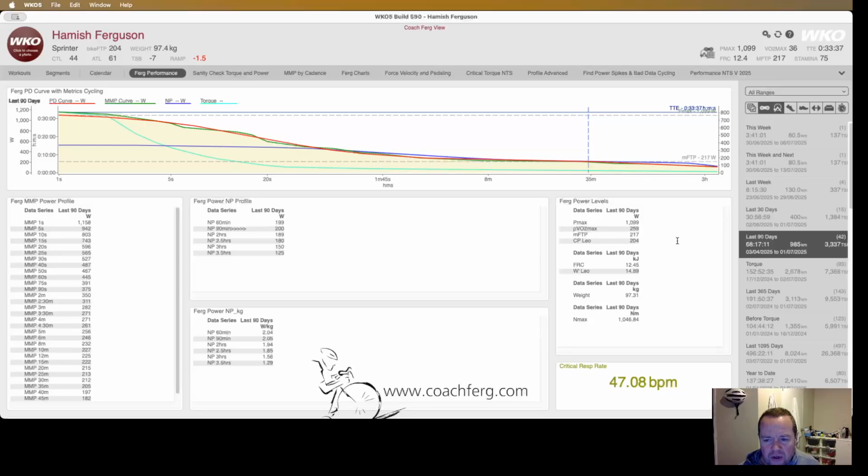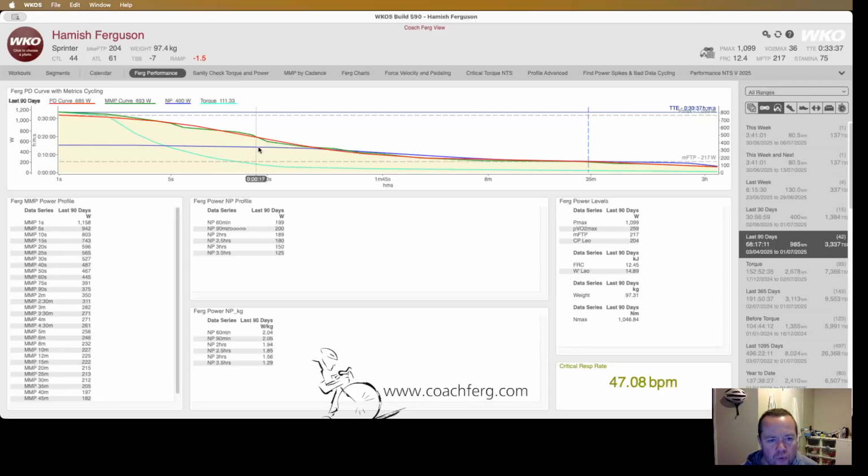which takes the leading edge of the data for several durations and estimates that, and gets away from the area where there are not maximal performances. So we can see the green, my mean maximal power curve.